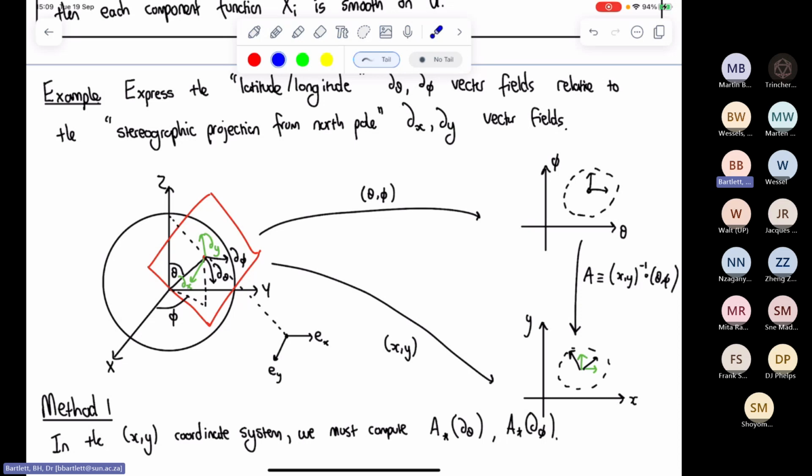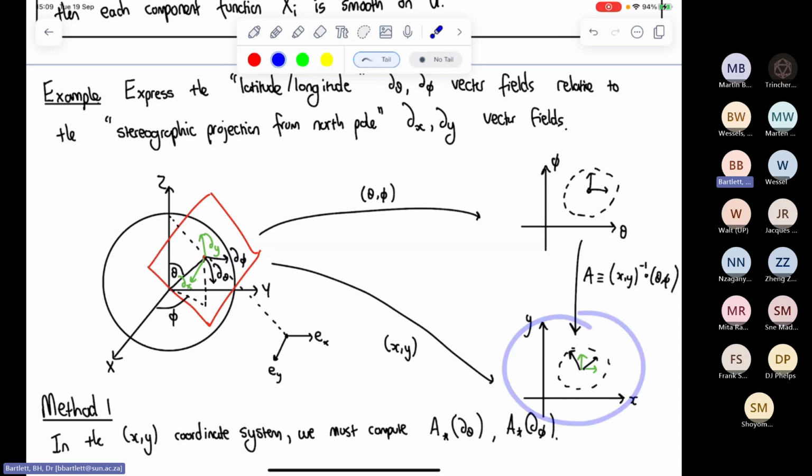So, for example, for the theta phi vector fields, del theta will be the curve which points in the direction of increasing theta. So if you're at this point and you increase your theta, in other words, you're increasing your latitude, then you're going to be moving along this curve here, right? So the tangent vector is going to be pointing down. If you're at this point and you're increasing your longitude, so you're increasing phi, then you're going to be moving around the curve. That's going to be del phi.